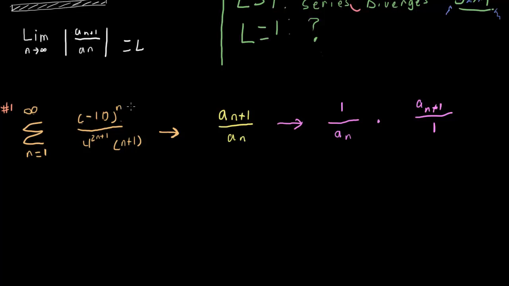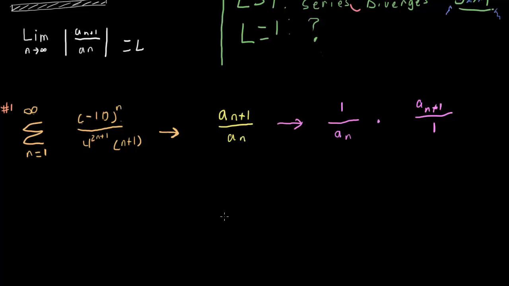So in that case, I'm separating a of n plus 1 over a of n into the reciprocal of a of n times a of n plus 1 over 1. So it looks like this. When you separate it like this and turn it into a multiplication problem rather than a division problem, it's easier to see how the terms cancel out and how to individually multiply the terms.